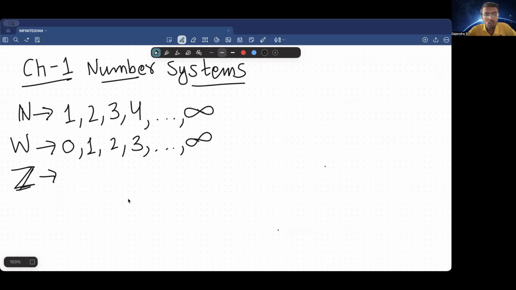So now, how do you represent integers in the form of numbers? Here we have natural numbers, whole numbers, and then we also have some numbers which are negative in form. Those negative numbers are part of the integers.